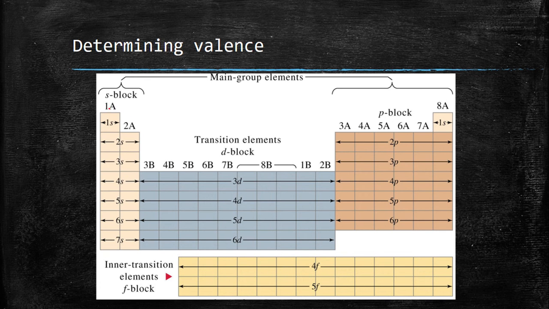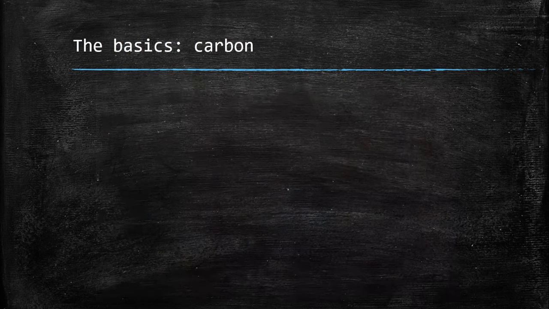Group 1A has 1 valence electron, 2A has 2, 3A has 3, 4A has 4, etc. Carbon falls here, so it has 4 valence electrons. To satisfy the octet rule, carbon needs to form a total of 4 bonds. It can do this by forming 4 single bonds, 2 double bonds, or a triple bond and a single bond, any combination you like which reaches a total of an additional 4 electrons to satisfy the octet rule.